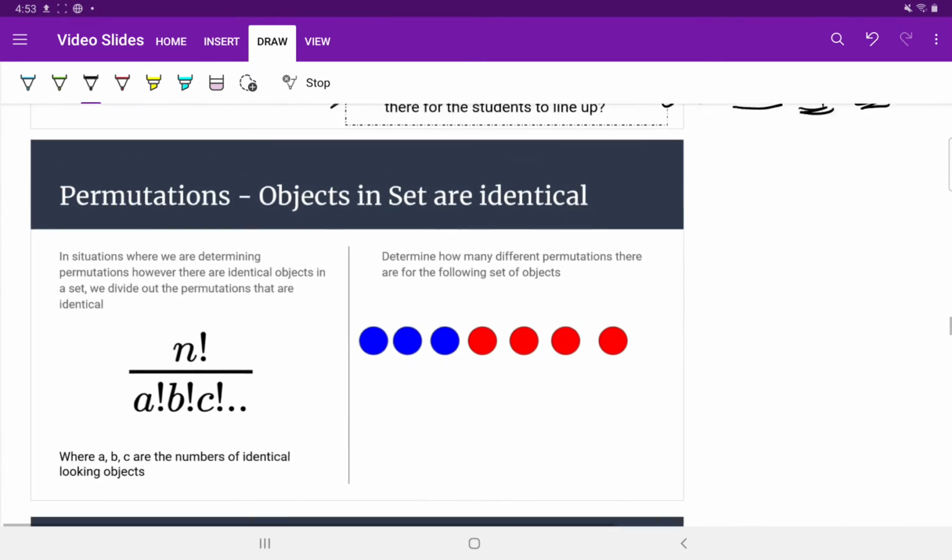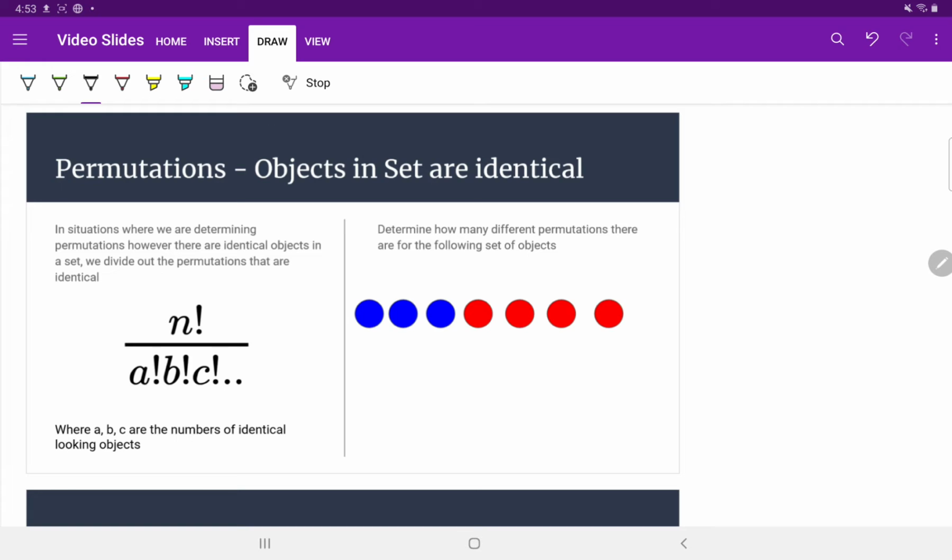We can make things a little bit tougher when we talk about objects in the set being identical. If stuff is identical, there are going to be some permutations that we cannot tell the difference between. So for instance, if I flip these two blue circles, that is a different permutation. I have switched two things. However, I cannot tell that I have switched two things.